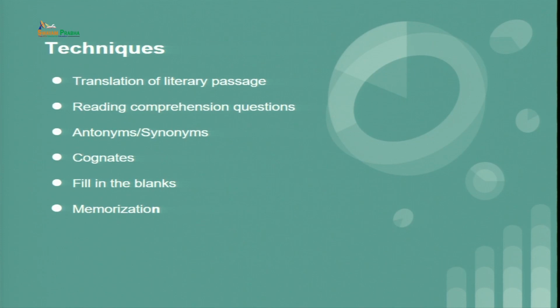So we saw and realized that in the example, translation of a literary passage takes place, reading comprehension questions occur, and students were asked to deal with vocabulary items, so antonyms and synonyms can also be used, cognates can also be used, and fill in the blanks were the main exercises.